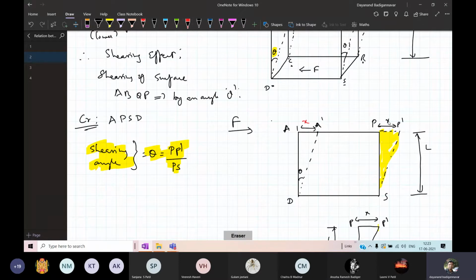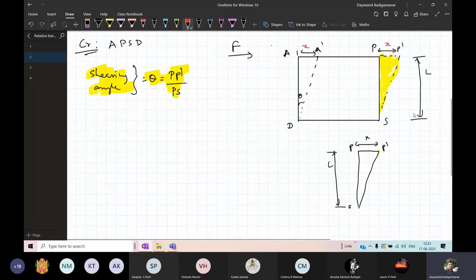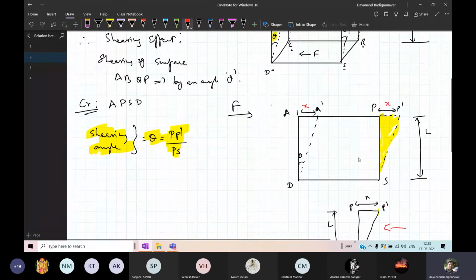If I calculate the shearing angle theta from this diagram, it is the opposite side divided by the adjacent side, x divided by L. X means it is P dash and L means it is PS. This is how I derive the value for the shearing strain.